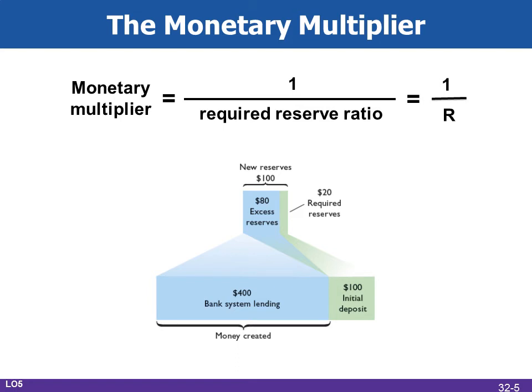So in our previous example, $100 was deposited into the first bank. If we're trying to figure out how much money in total the banking system can create, with a reserve requirement of 20% and an initial deposit of 100, all we have to do is, number 1, calculate the size of the money multiplier, and number 2, figure out the amount of the initial excess reserves.